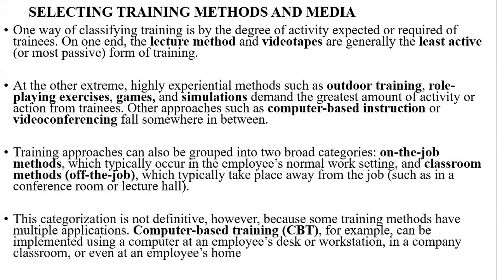So still on the training methods and media, one way of classifying them is by the degree of activity expected or required of the trainees. At one end, the lecture method or videotapes are generally the least active form of training, in the sense that when a lecturer is before you, he just lectures, he speaks continuously, and you are expected to be at the receiving end.